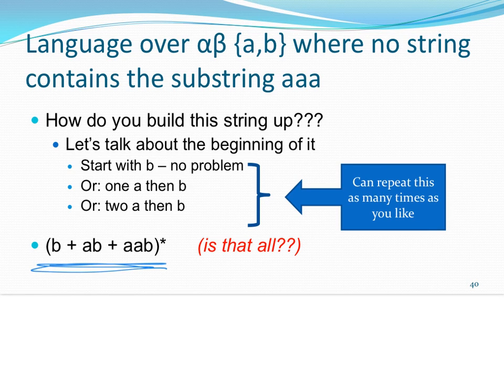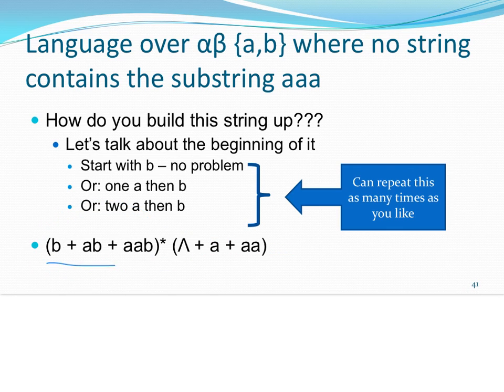And the answer is not quite, because one of the things that I hope you'll notice about this regular expression is it always ends with a B. And that's great for letting us build up these strings that don't have three A's in a row, but after we've done this a bunch of times, we might want to have an A at the end, or a couple of A's at the end. So that's what I've done here.